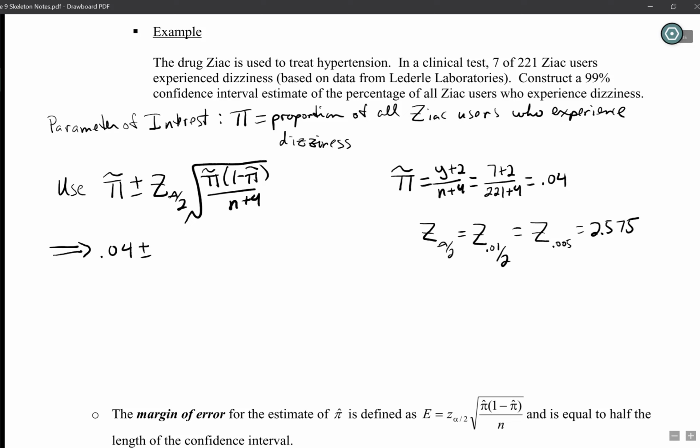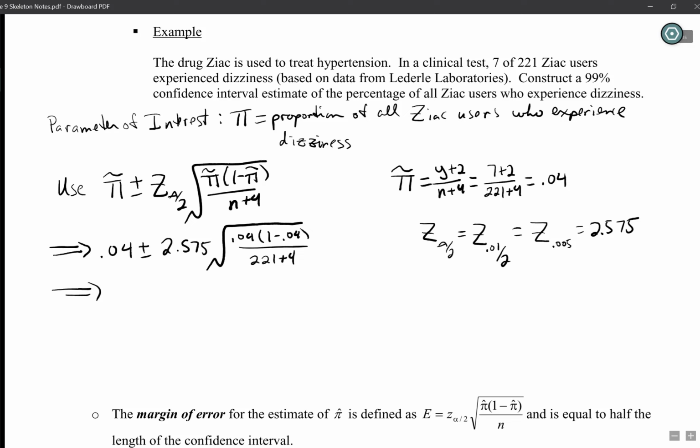So what I have here is 2.575 times the square root of 0.04 times 1 minus 0.04, all over 221 plus 4.